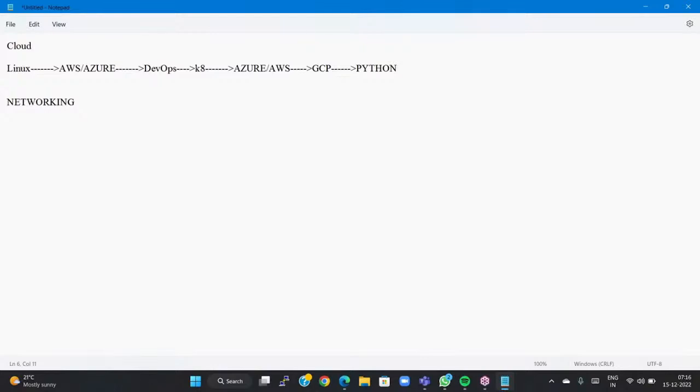These are the mandatory things to learn cloud. So we will discuss networking, not the complete networking, but the basic networking concepts that are required for you to understand AWS and Azure. I will try to make you understand those things, and then we will go for cloud. Whenever you are getting training on the cloud, at that time I will try to explain some of the Linux commands also, so that you can have clarity on networking, Linux, and the cloud itself.